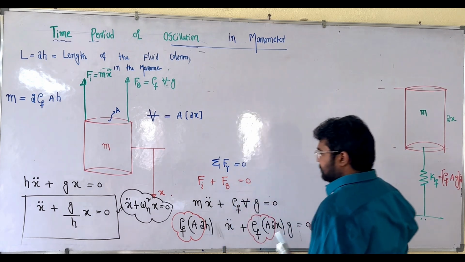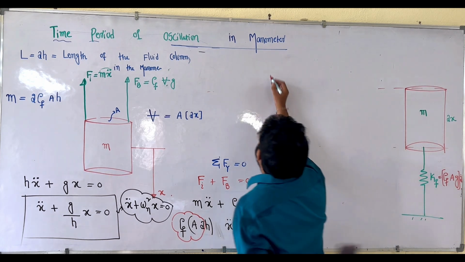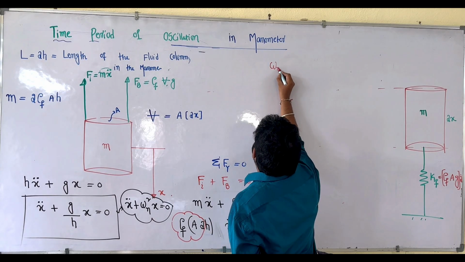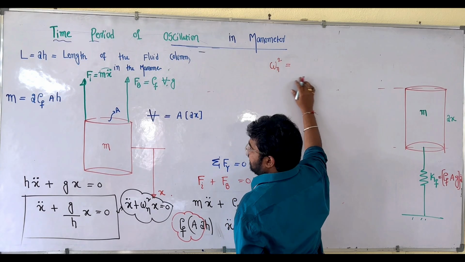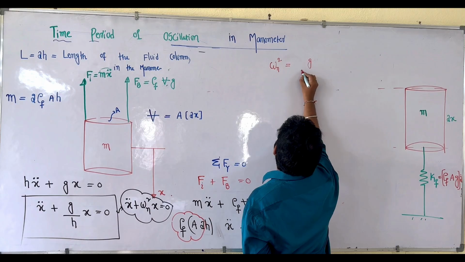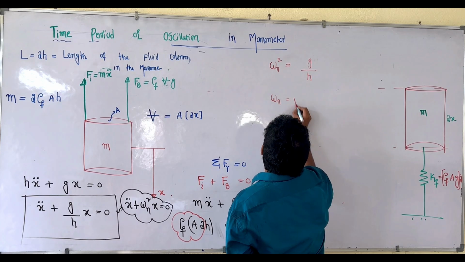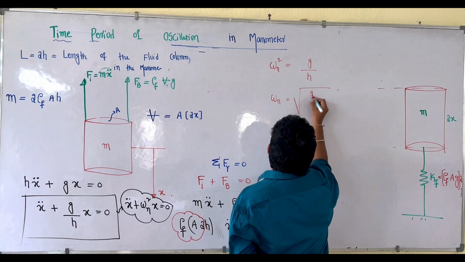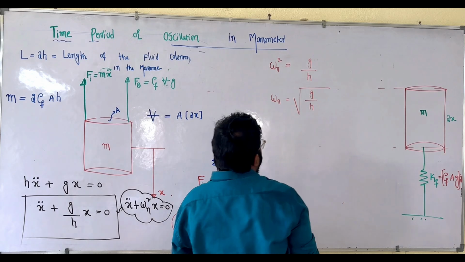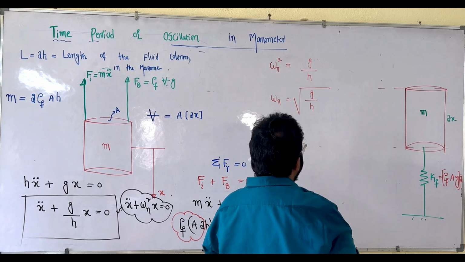Now tell me, what is omega n square? Omega n square equal to G by h. Omega n equal to how much? Square root of G by h. Okay, so L equal to how much?